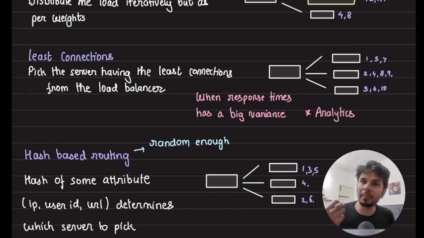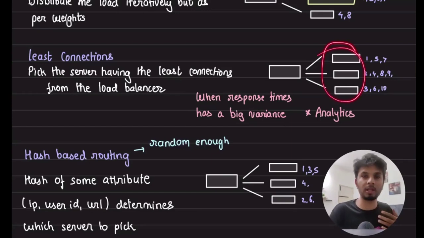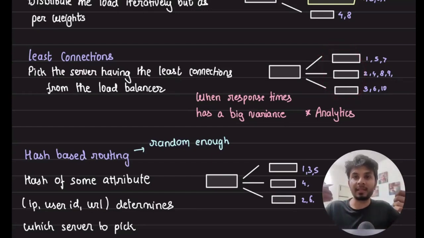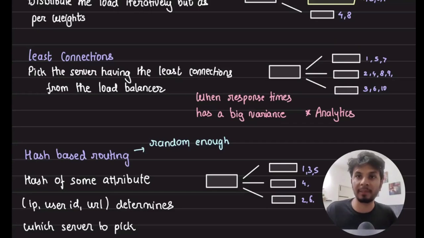So the least connection based approach is very useful when your backend servers serve a service that has very high variance, which means there are a lot of requests happening within 1 second, and there are some taking more than 10 seconds, 15 seconds, even minutes. Right? So this way you are always prioritizing picking a server that is relatively freer.